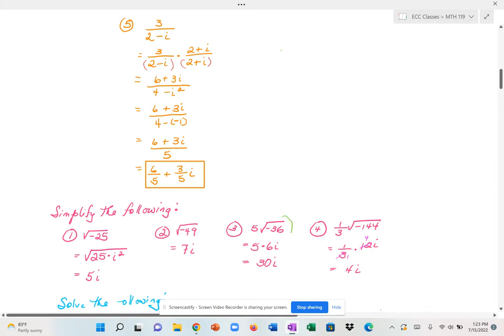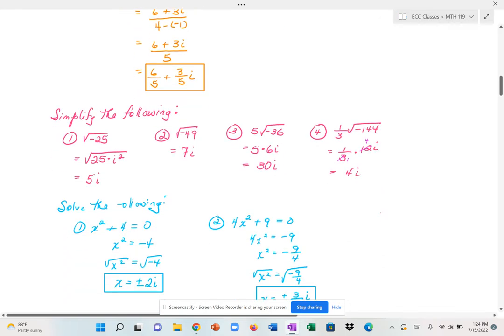So the square root of -36 is 6I, and when you multiply it by 5, you'll get 30I as a result. And in number 4, you have to take the square root of -144, which is 12I, but then when you multiply it by a third, 3 and 12 are both divisible by 3. So the 3 becomes a 1, the 12 becomes a 4. So your final answer is 4I.